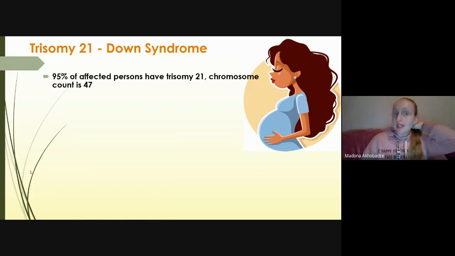Ninety-five percent, the majority of all affected persons, have trisomy of the 21st chromosome. It means the karyotype is not 46, as the normal should be, but they have an extra chromosome, plus one. They've got 47 chromosomes and trisomy of the 21st.